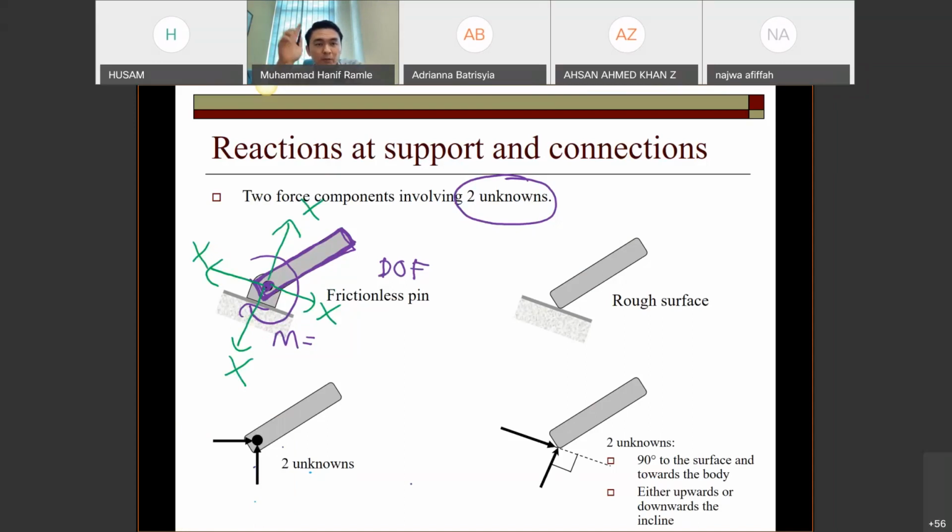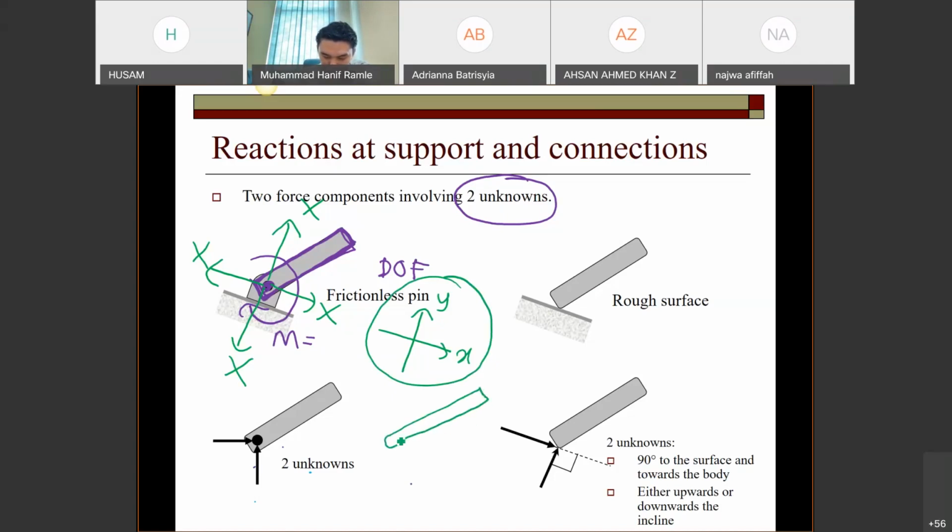Since DOF is only one, which is moment, meaning that in all directions of X and Y we have reactions. So I assume this one follows this axis. If I draw the rigid body, the reactions should be like this. Let's say I put RY, RX.